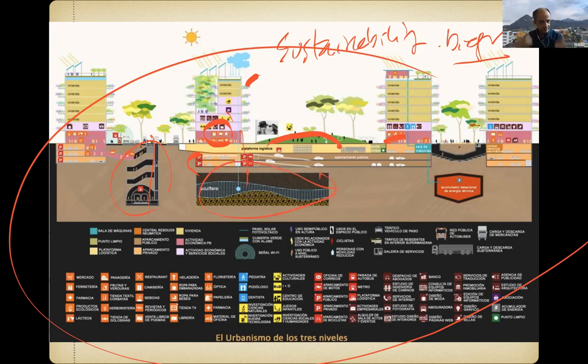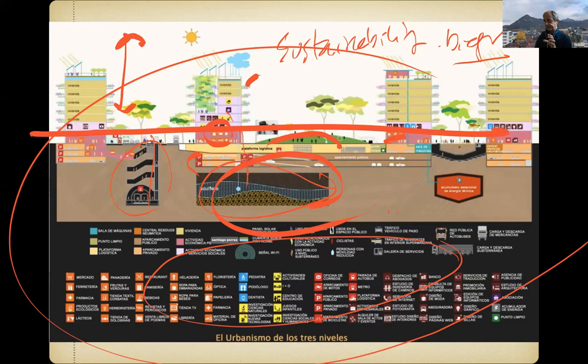So the full section of the city, including the mining space, right? With all the kind of uses they have, demonstrating a total balanced use of the ecosystem. This is very ambitious, and this has been a very much developed project. But this is from the original thesis of Rueda. There's 3 levels, right? The building, ground, and underground.